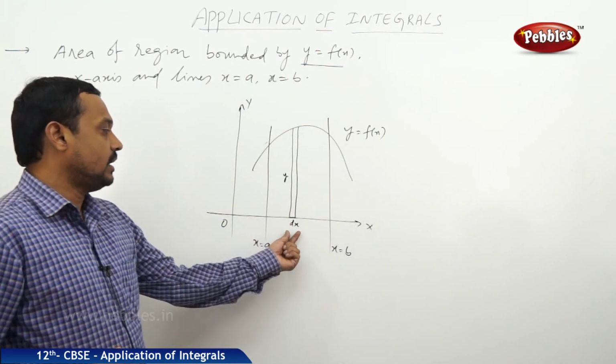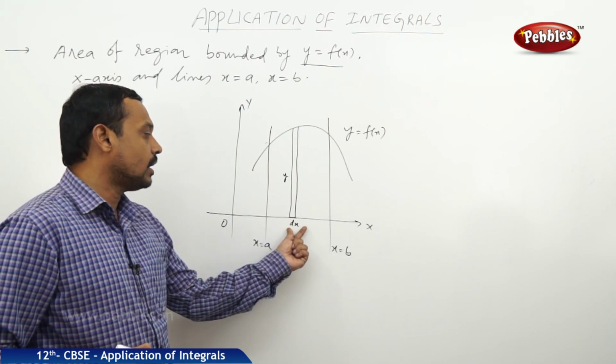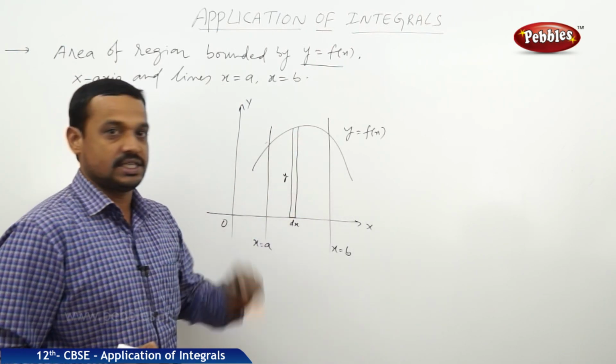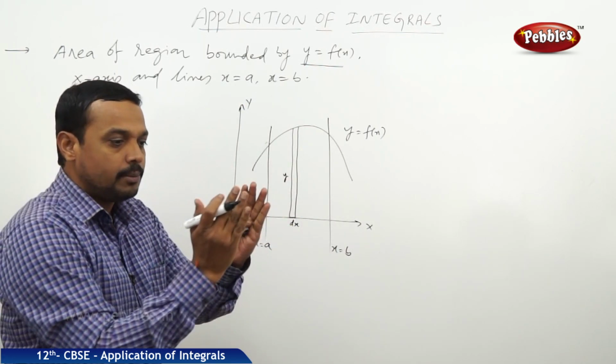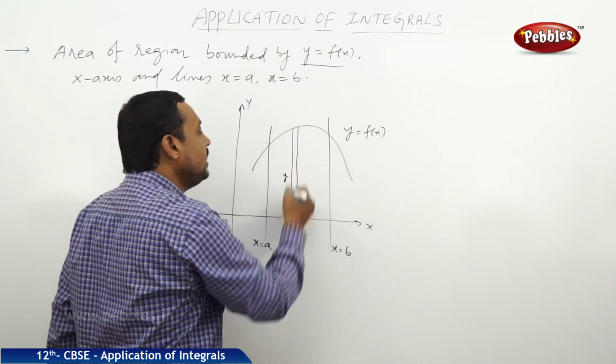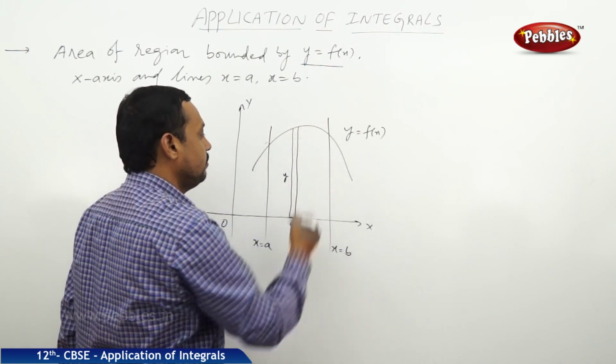Here dx means that it is a small negligible quantity in x. So now these two vertical lines are very much close, and y is the length of the strip.